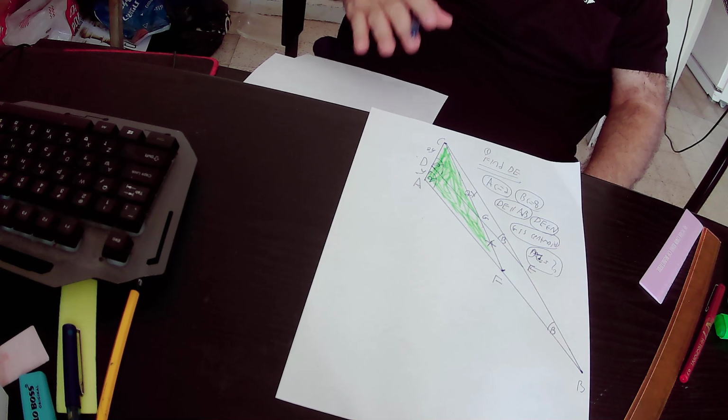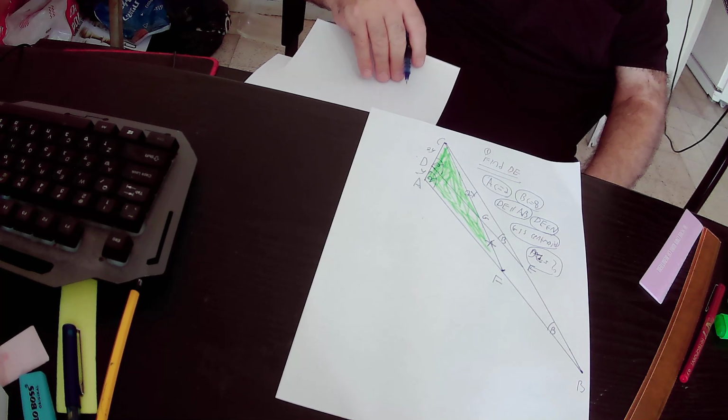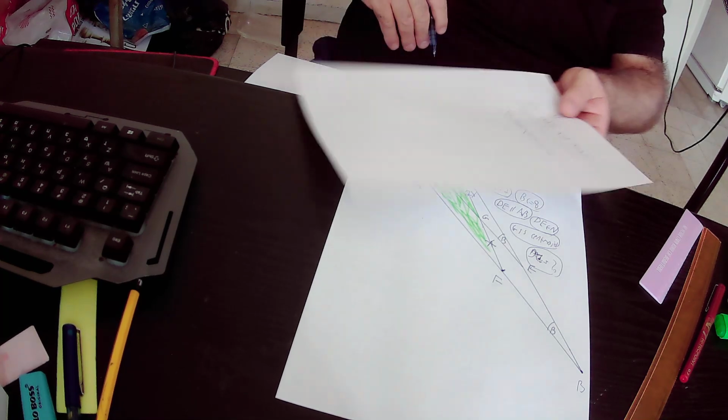This is according to rule number 3, which states that corresponding angles between parallel lines are equal to each other.